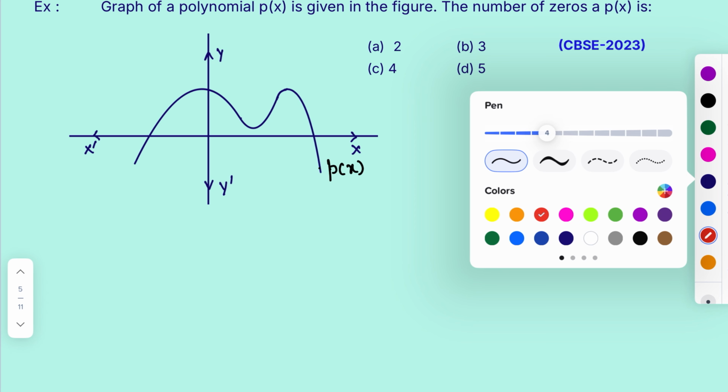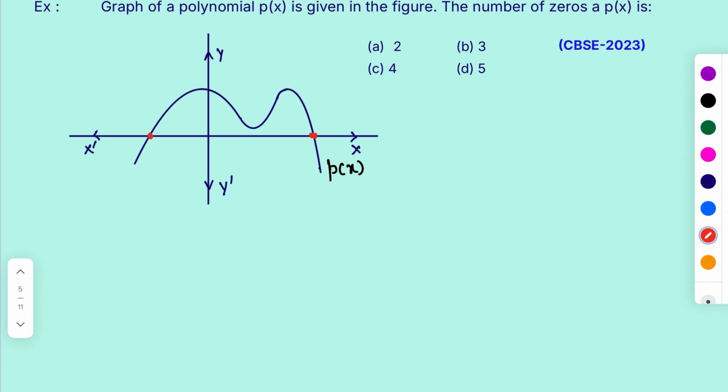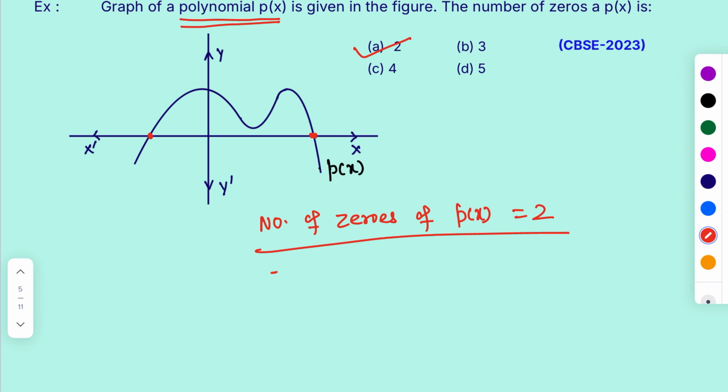If you observe, this graph cuts the x-axis at these 2 points. So this polynomial p of x has only two roots. As many times as it cuts the x-axis, we will have that many roots. So here the number of roots will be equal to 2. So the number of zeros of p of x is equal to 2.